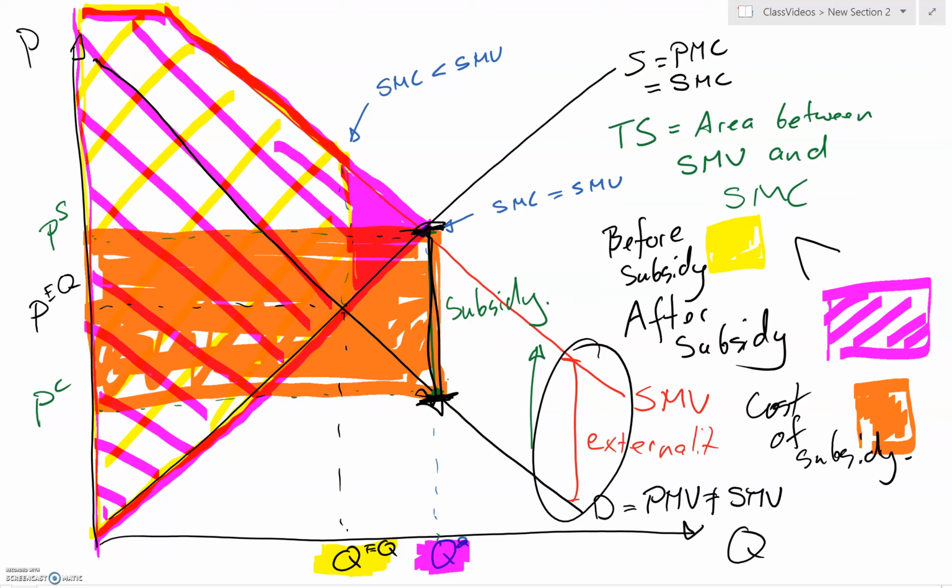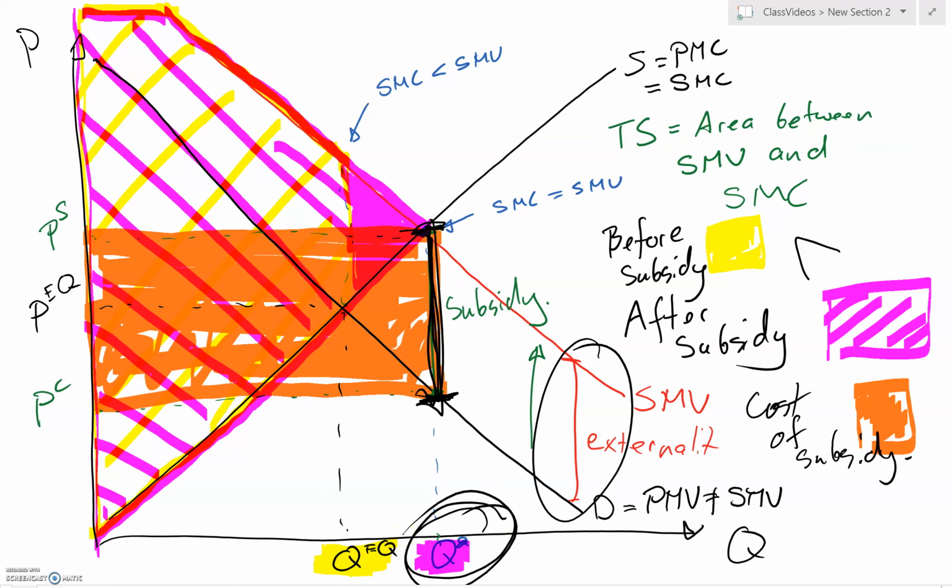They need to subsidize the market by the difference between the private marginal value and the social marginal value curves, right? And they need to pay that for every item that's sold in the market. Okay, so that in itself could be a lot of money or not a lot of money, depending on what this height is, but also what this quantity is.